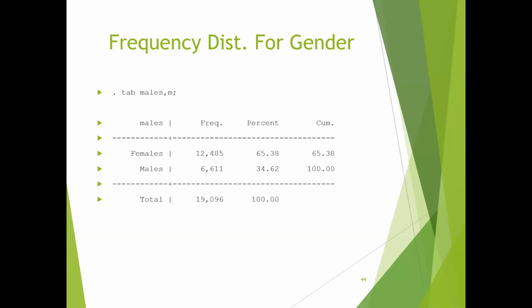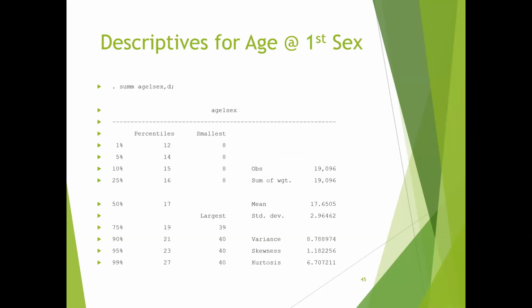Okay, correct. Can you talk to me in terms of percentages? Are females, correct? Correct. All right, that's the distribution, right? Nothing to it, right? Easy. Next slide, slide number 45.